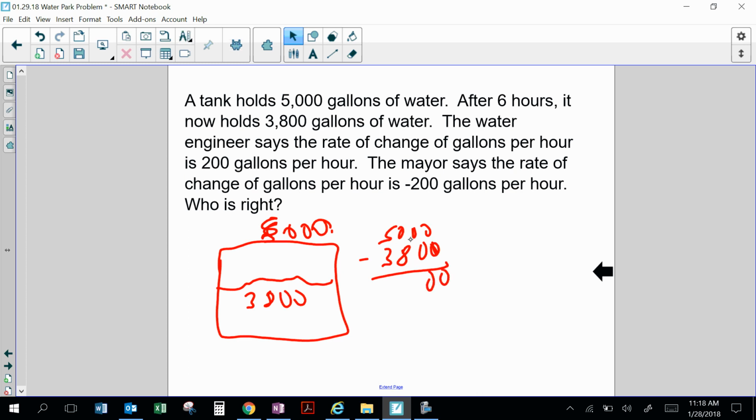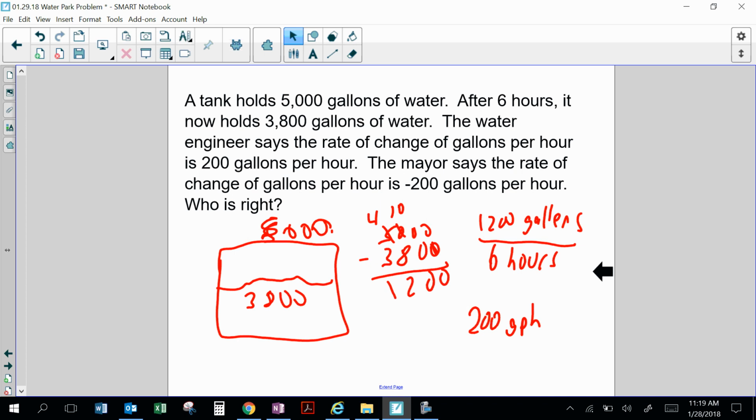Can I take 8 from 0? No, regroup. This will become a 10. So 1,200 gallons were used by the city, and it took how many hours to use it? 6 hours. So if we divide this and find a unit rate, it is 200 gallons per hour.